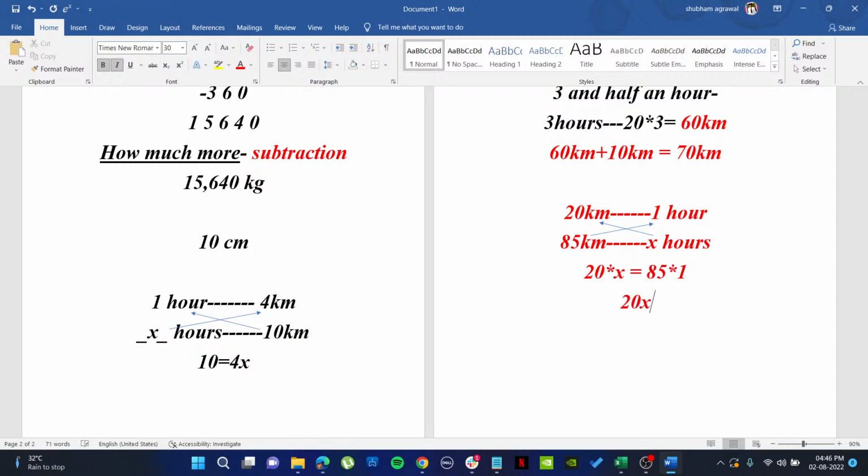So we get 20x equals to 85, and we can figure out the value of x by dividing 85 by 20, and our answer is going to be 4.25. So boat will take 4.25 hours in covering 85 kilometers. Okay, and this way we can calculate it.